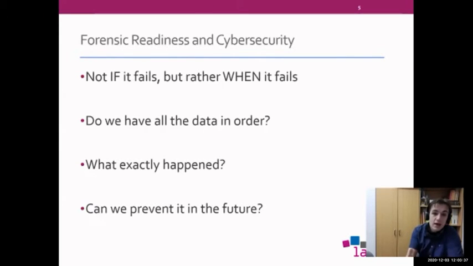And that's why we need the forensic readiness, because when it happened, then it's time to investigate it and to be prepared for it. So essentially we are preparing for the failure of our cybersecurity measures and what to do then. So then, do we have all the data we can use to really know what happened and who did it? And with this information, can we prevent it in the future?